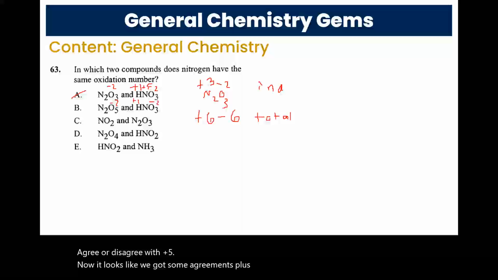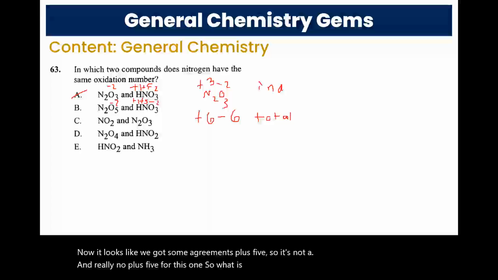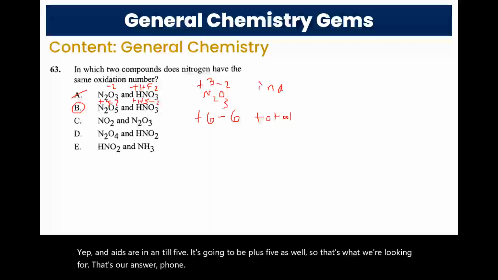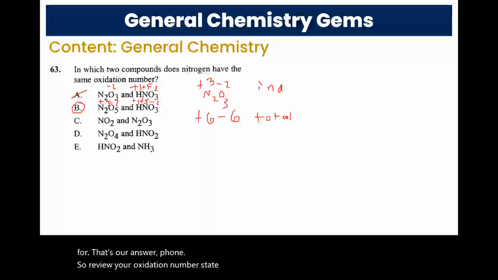So it's not A, and we already know +5 for this one. So what is it in N2O5? +5. Yep, in N2O5, it's going to be +5 as well. So that's what we're looking for. That's our answer. Boom. So review your oxidation number rules. You have to have those memorized, and you've got to use them in order.